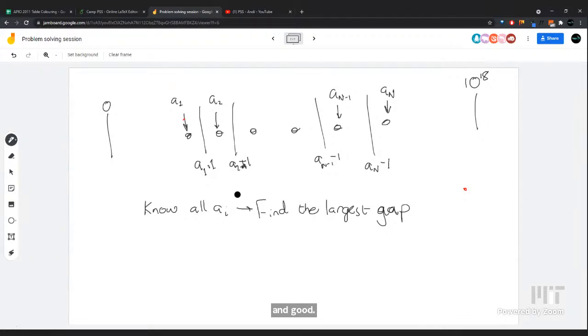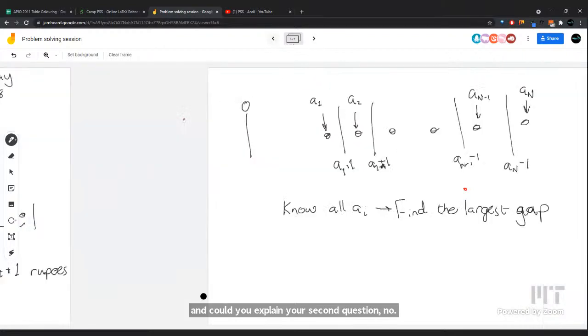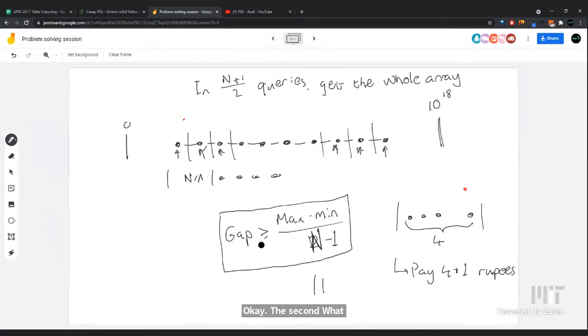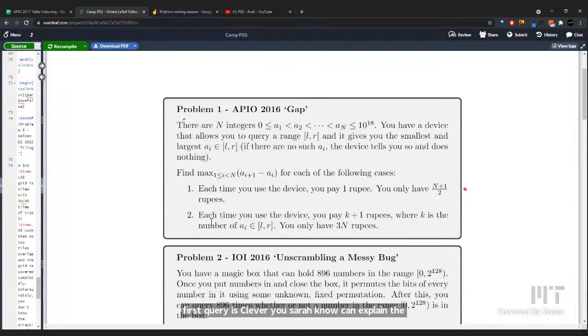Could you explain the second question now? Okay, the second one is basically you use this fact that the gap is at least the maximum minus the minimum over n minus 1. Can you explain the question? Each time you use the device, you pay k plus 1 rupees, where k is the number of AI in the range you're querying, and you have 3n rupees.